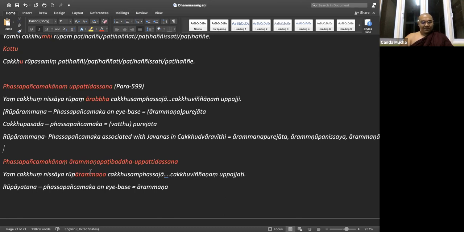So with this paragraph, we come to finish the eye sensitivity: 52 methods and also 14 different names of the eye sensitivity. I think it will be very good for you to practice meditation for the rūpavibhatti of the Dhammasaṅgaṇī. In that case, you have to discern a visible object, you have to discern each rūpa.